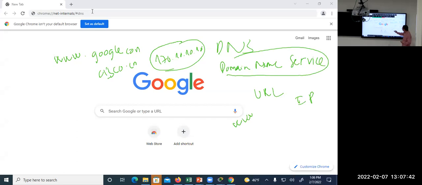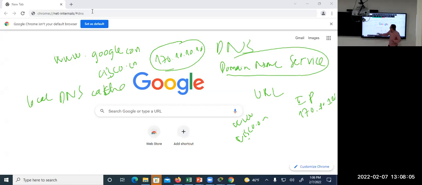So if you go to cisco.com, you have to go to 170.10.10.10. For every computer, the first thing you have is the local DNS cache. You always have the local DNS cache.